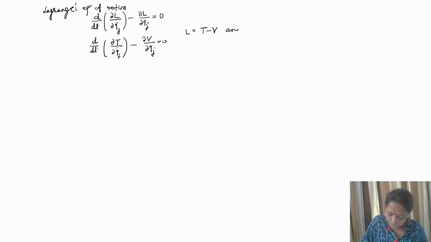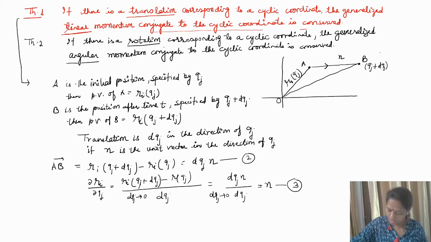And delta T by delta Qj is 0. T is kinetic energy, and when T is written in terms of generalized coordinates, naturally it does not depend upon Qj. And delta V by delta Qj dot is also 0, because V is the scalar potential function which is not depending upon velocity. So these two conditions will change this Lagrange's equation in this form.